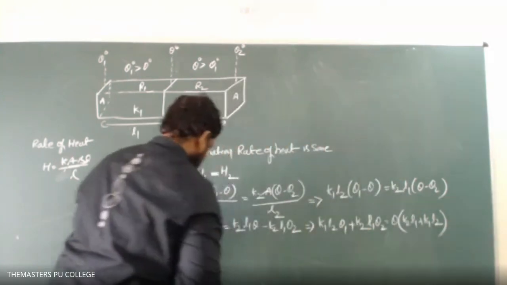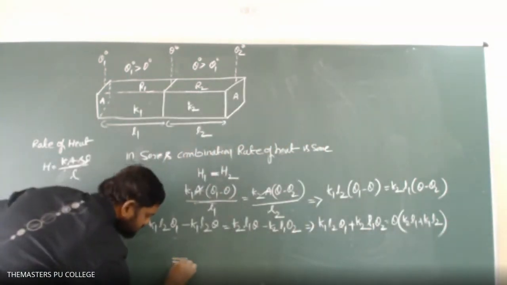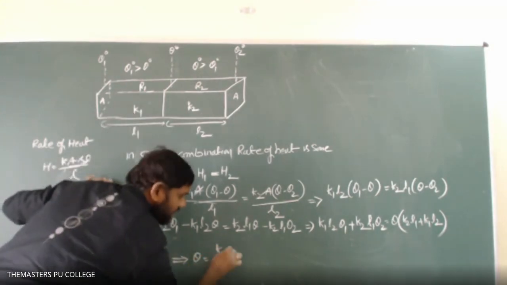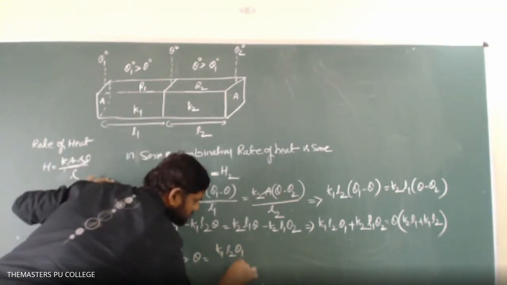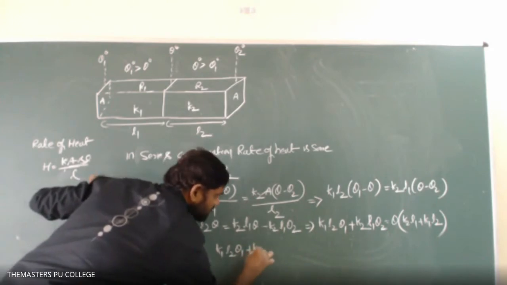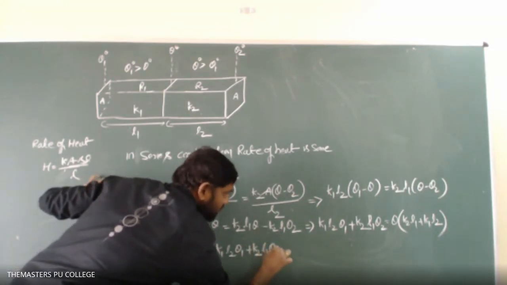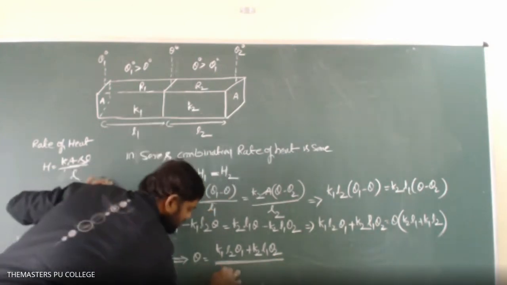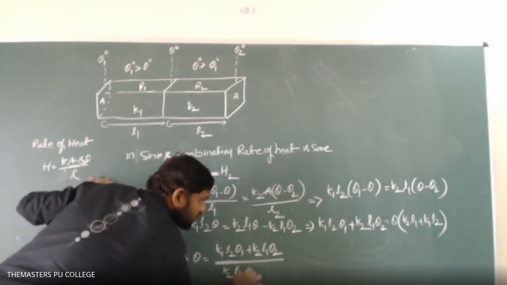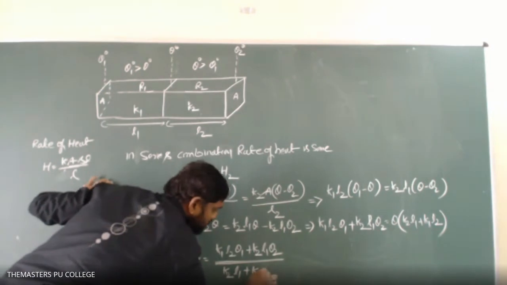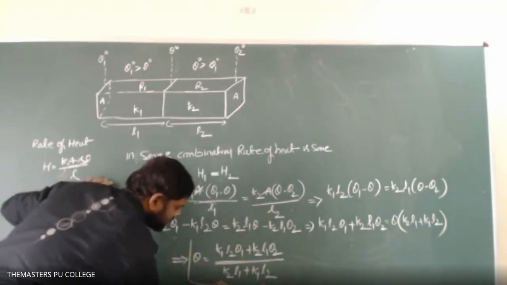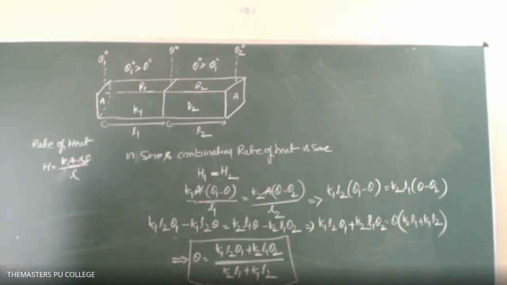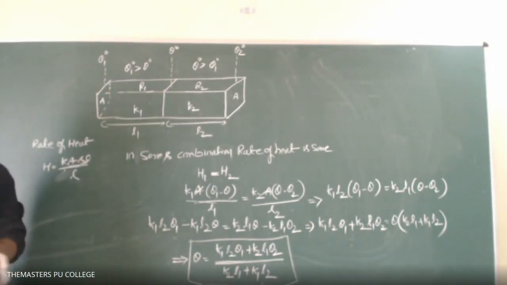Keeping theta on one side and the remaining terms on the other side, theta equals (K1 L2 theta 1 plus K2 L1 theta 2) upon (K2 L1 plus K1 L2). So this is the temperature of the junction we can calculate.